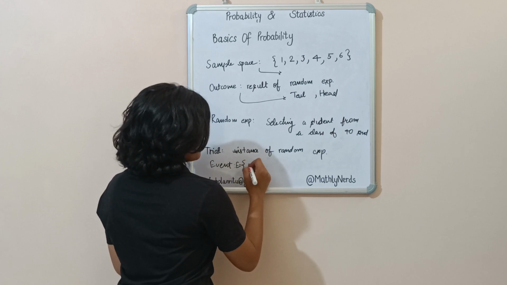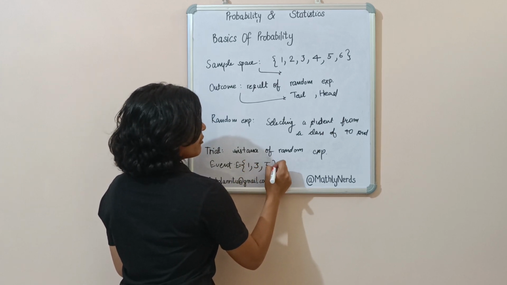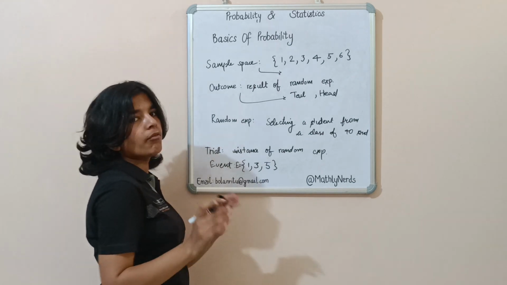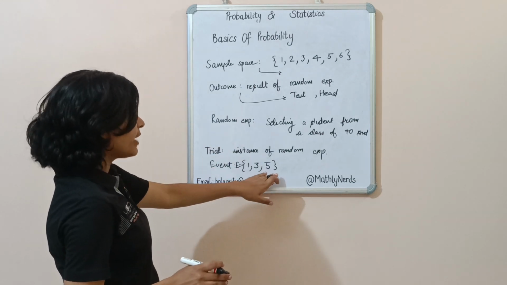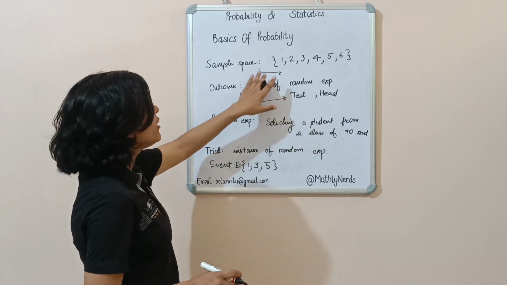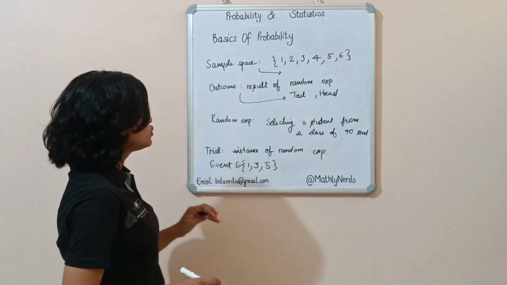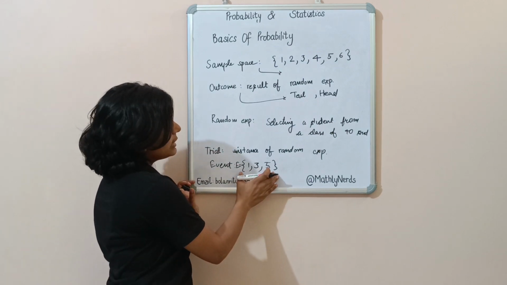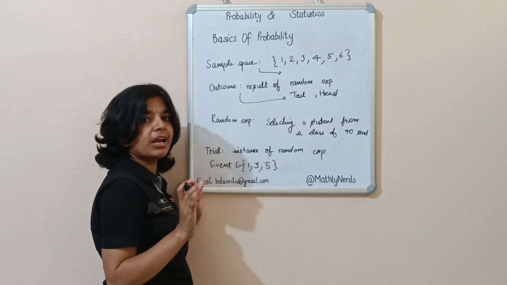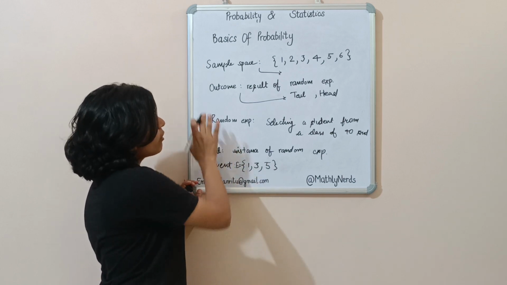Event E equals 1, 3 or 5. Now this set is a subset of the sample space in which we have all of our possible outcomes. So an event contains every favorable outcome for a trial from its sample space.